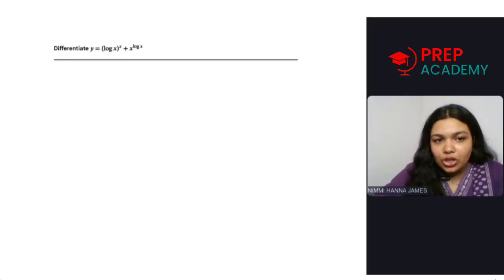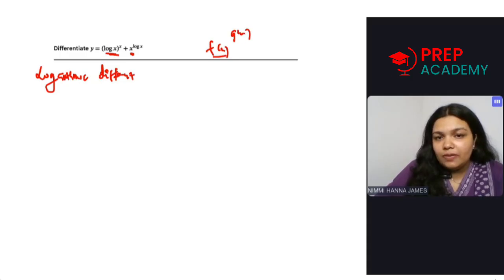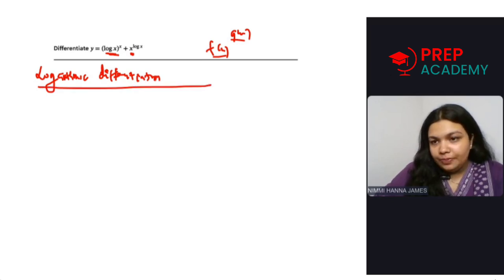Here we have a function log x and its power is another function x. Here we have an x function and log x. If the power and the base, both of them, are f of x raised to g of x, both are functions, then we have to do logarithmic differentiation.